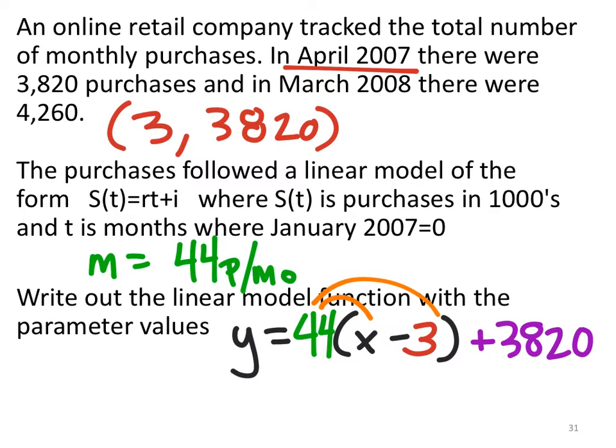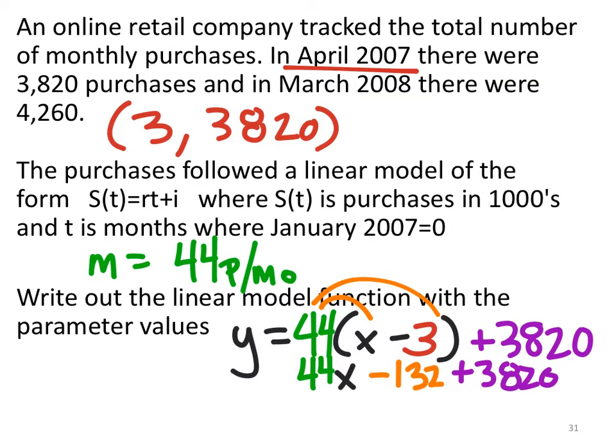Well, we'll distribute the 44. We get a 44x there. And then 44 times negative 3 would be negative 1,000. My brain's off right now. I'm going to do it in the calculator. 44 times negative 3 is negative 132. Of course, we still have that plus 3,820.